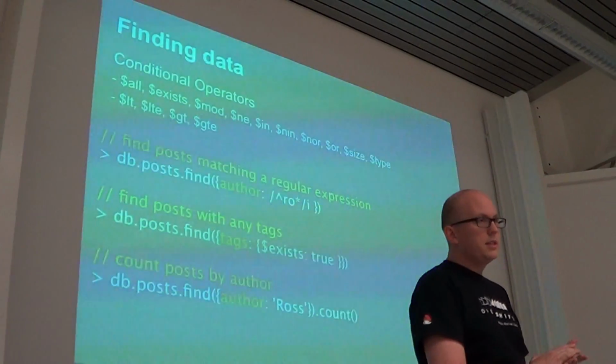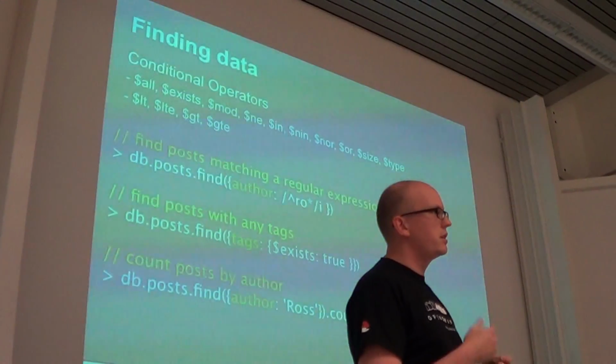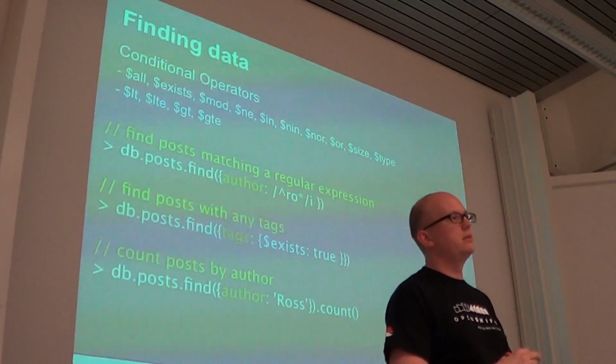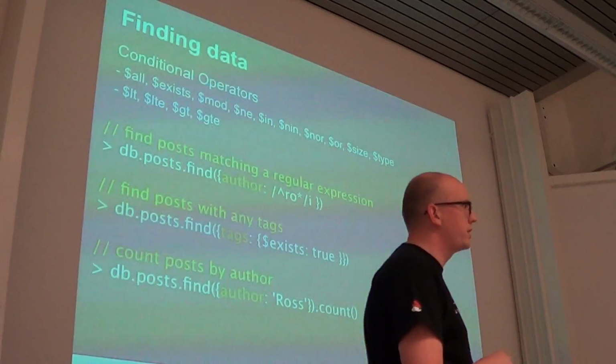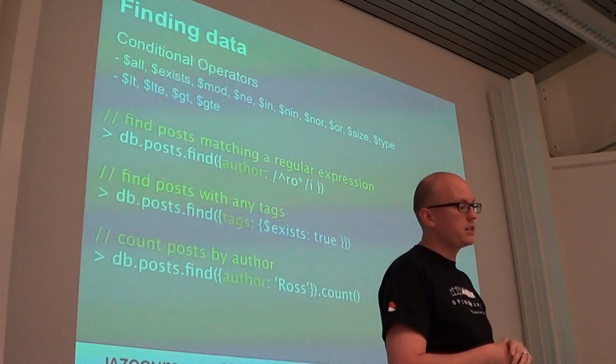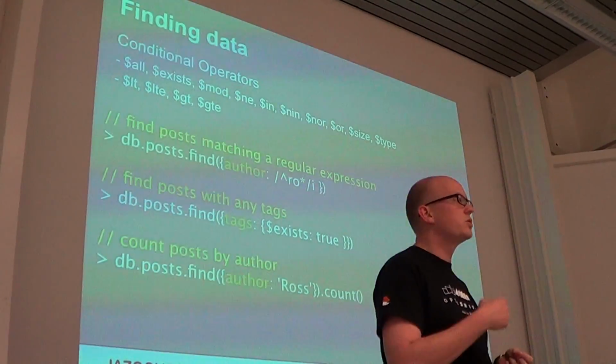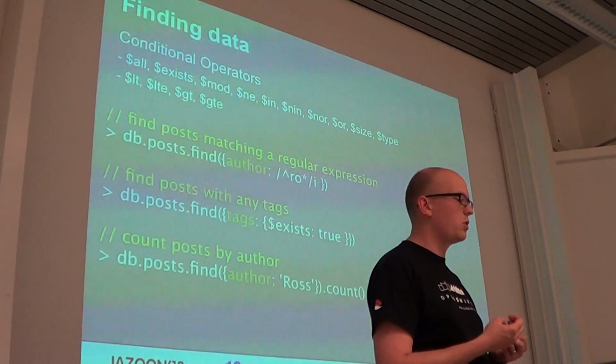Right, finding data. As I said, one of the goals was for it to be rich, so you can do ad hoc queries very similar to the SQL world. You can do regular expression searches, and you can check if tags or fields exist, because your schemas are flexible and you need special operations for that.